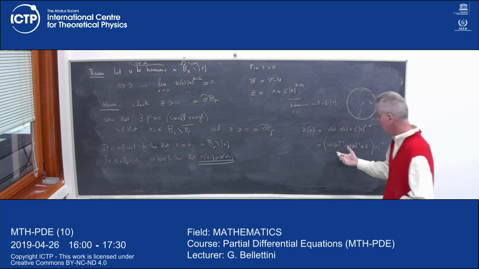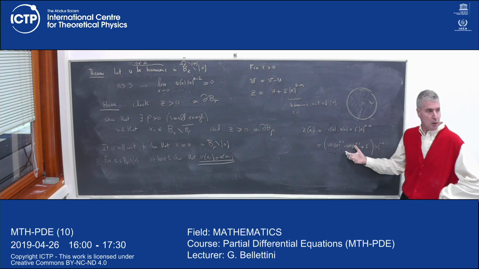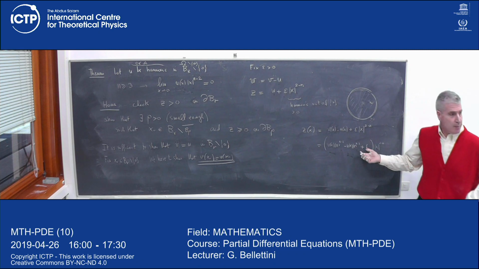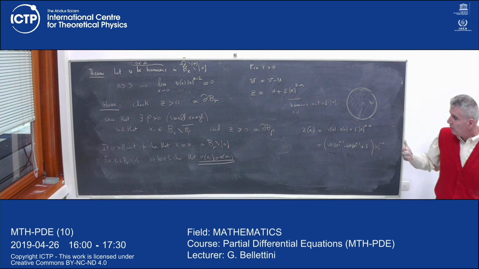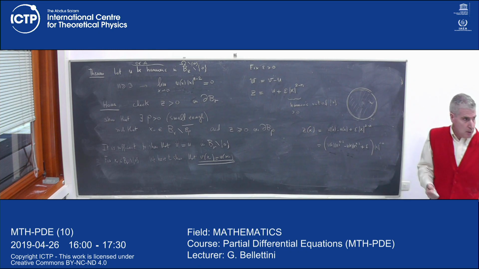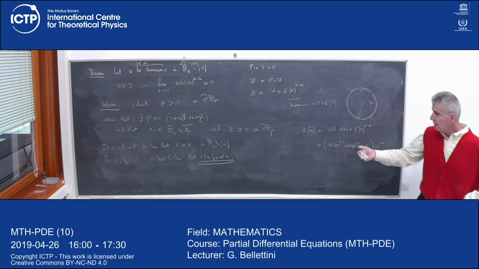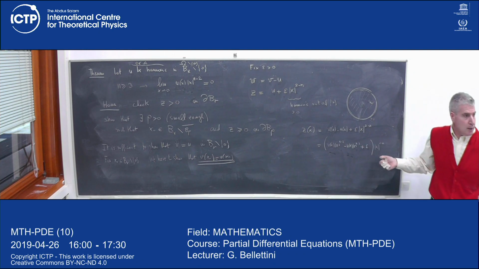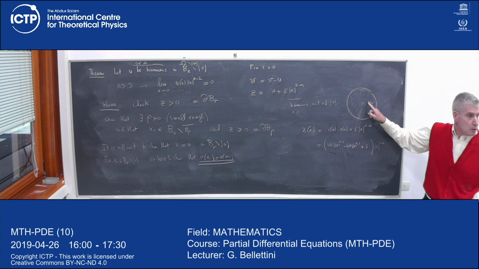So as soon as the modulus of x is sufficiently small, this is positive epsilon, and this is positive. So you can take a small radius, rho, sufficiently small, so that this z of x is larger or equal than 0 on the wall, and also you can avoid x0. This is the idea.